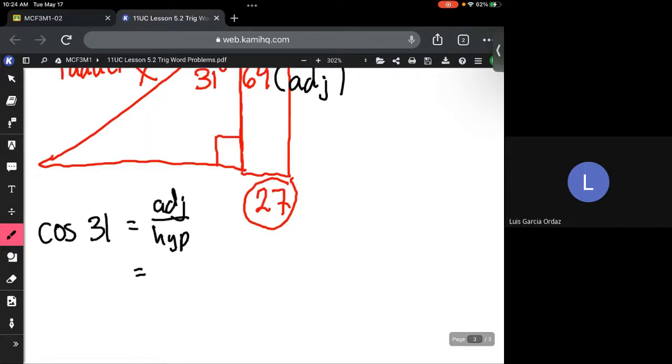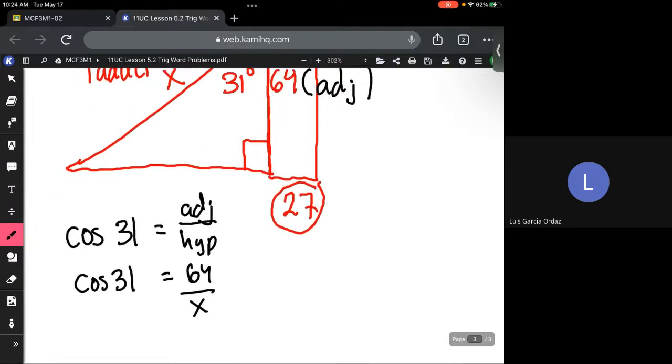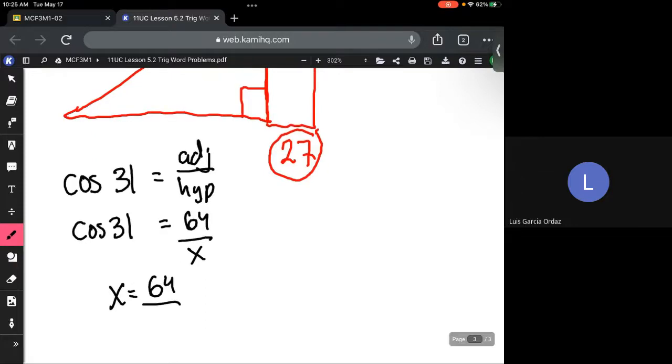So I have cos of 31 is equal to 64 over x. So now in order to leave x by itself, what do I do? Yep, so they just switch places. So I get x is equal to 64 divided by cos of 31.